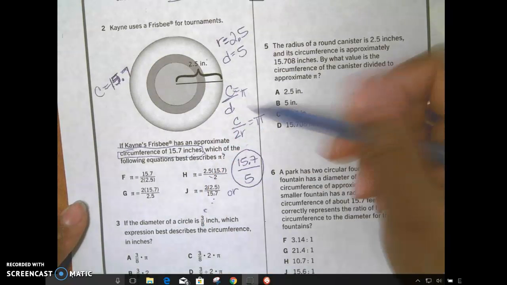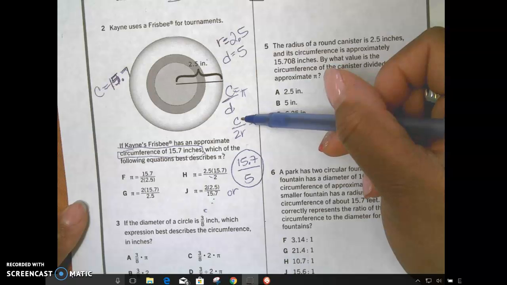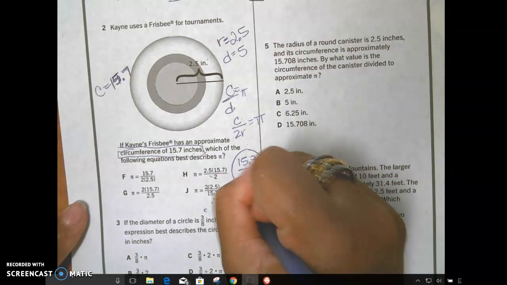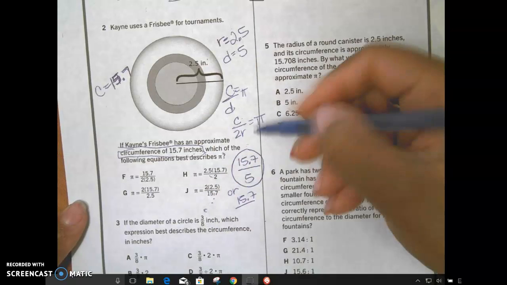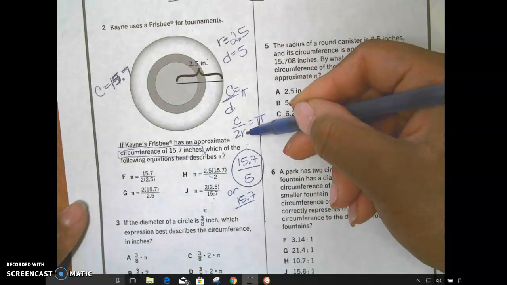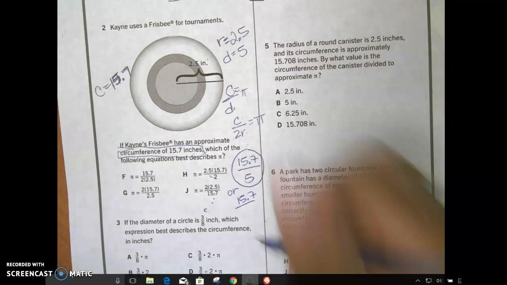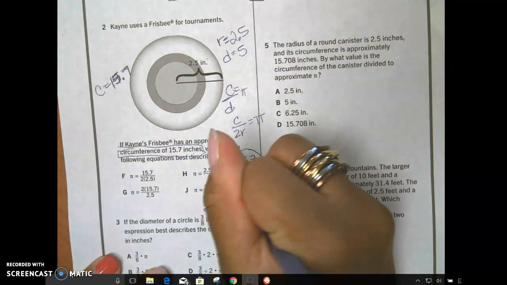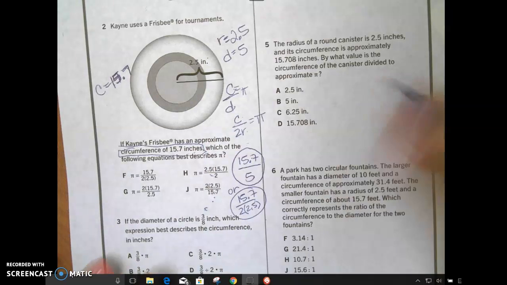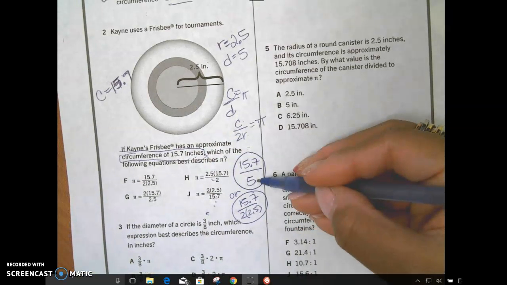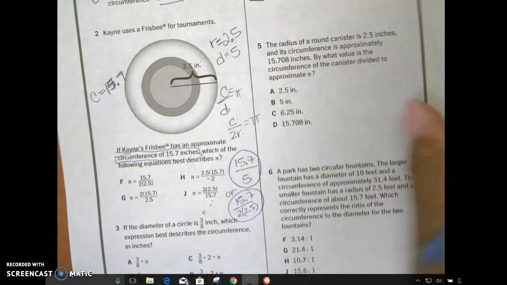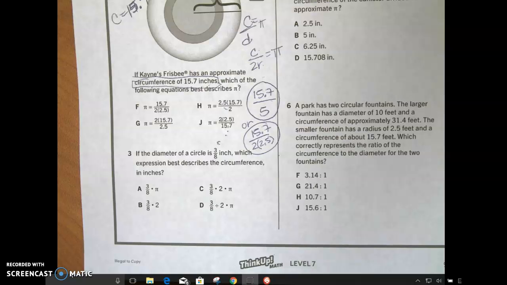Or, what is C? 15.7 over what? 2 times 2.5. They're saying the same thing. All we did here was multiply 2 by 2.5. Which answer matches now? Find your answer that matches what you wrote.